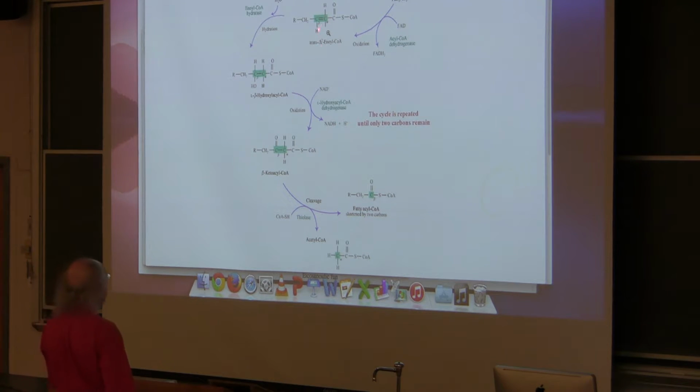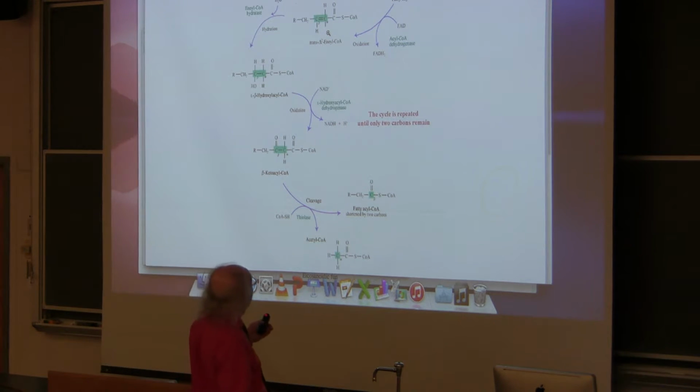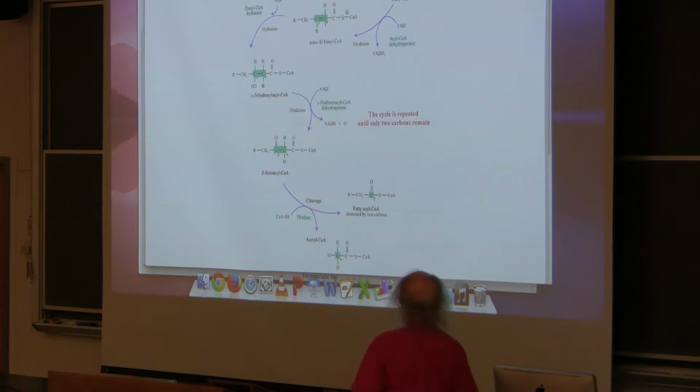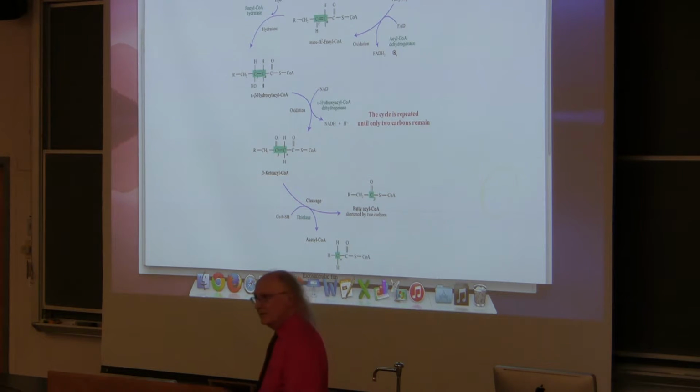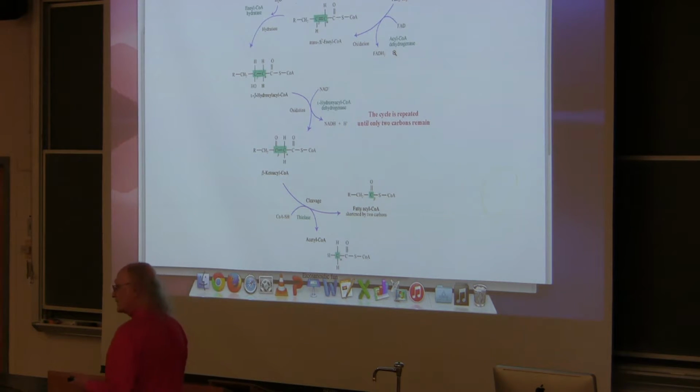So what's happened is we've started with something that has this guy right here. We've pulled off 2 protons, 2 electrons, and made a double bond with a trans bond right there. FAD accepted the electrons to become FADH2. There's a hint. The answer, I'm going to tell you since you don't have it, is when we oxidized succinate in the citric acid cycle.